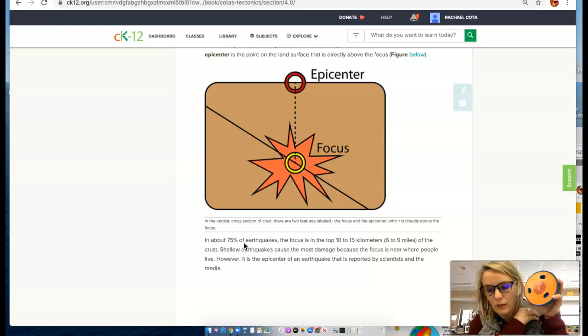The break in the rock, where the rock actually fractures, is underground, right? That wave of motion will vibrate through the ground, and it might crack up here on the surface of the earth. But the original shift or break in the rock happens underground, okay? That spot is called the focus, okay?